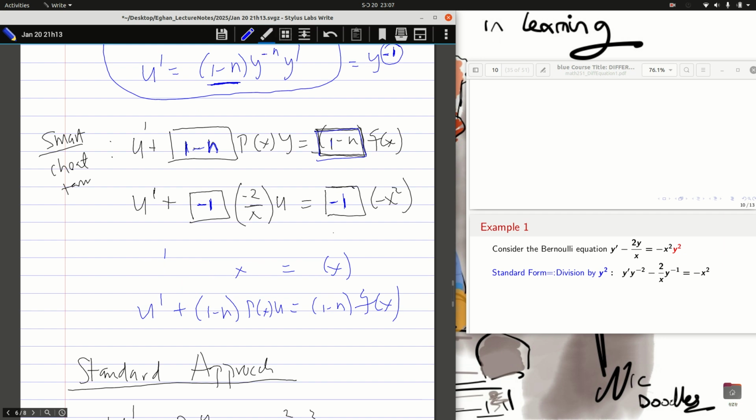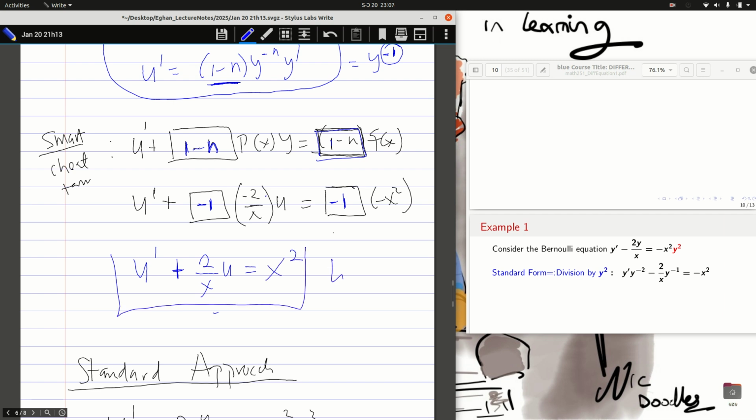Let me clean this whole thing. It means I have u prime, negative negative gives a positive 2 over x u is equal to positive x squared. And now this is linear. This is the linear form of the question, and you can go through your linearity approach and solve it.